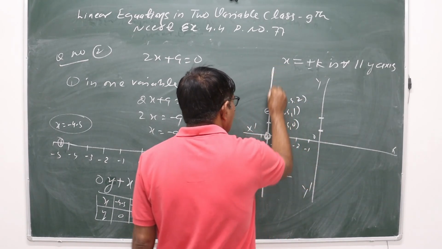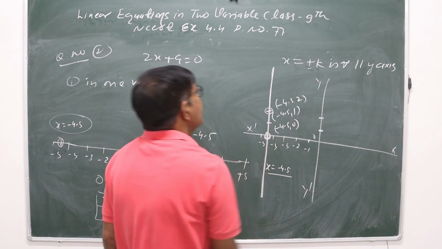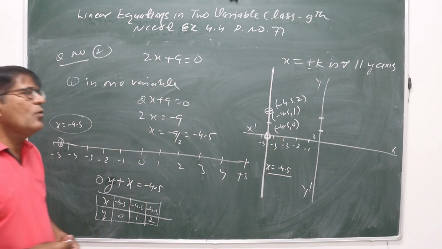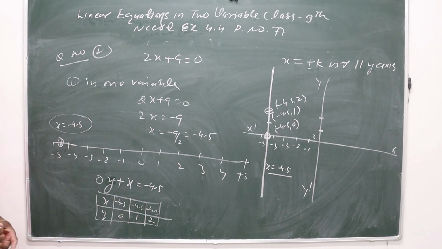If we join these 3 points, then we will get the same line which is parallel to the y axis and lies left to the y axis. So in this way we can represent a linear equation in two variables and a single variable.